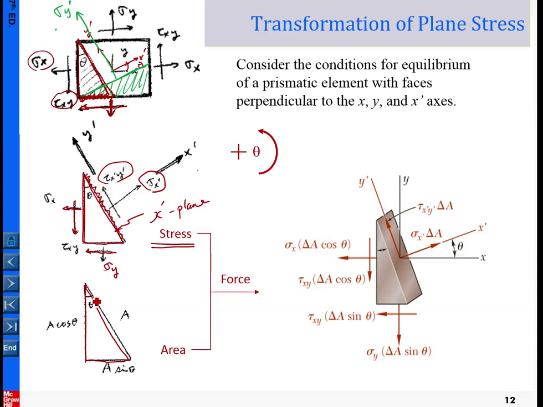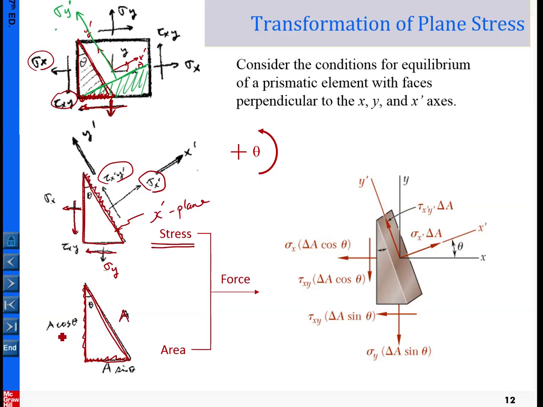Now, on the identical triangular portions, let me describe the area. For example, let me assume the slanted area equals A. Then the area on this side should be A times cosine theta, and the area on the bottom side should be A times sine theta. That is proportional, assuming the out-of-board dimension doesn't change.